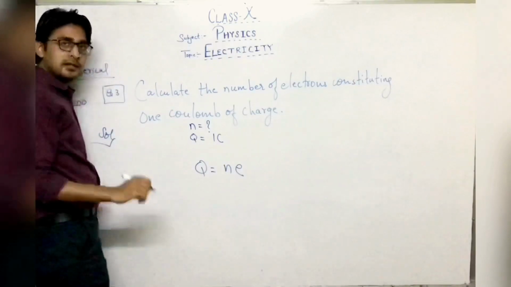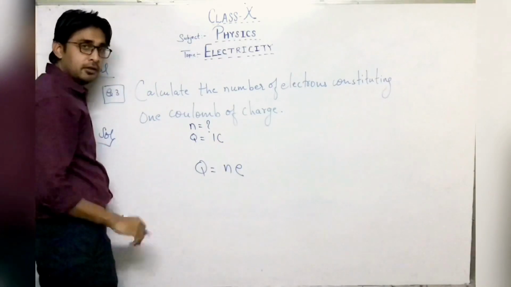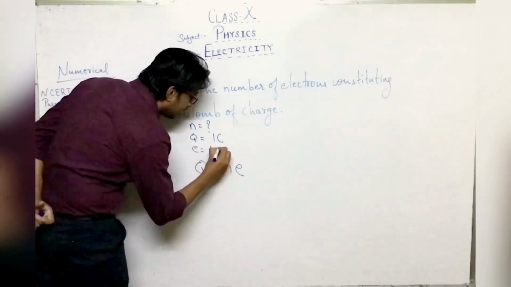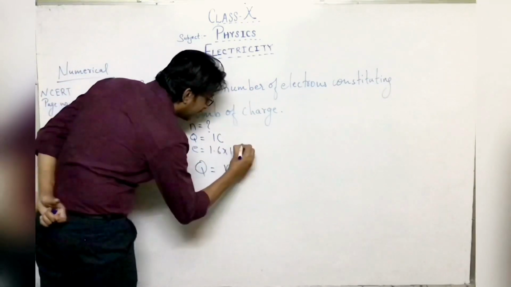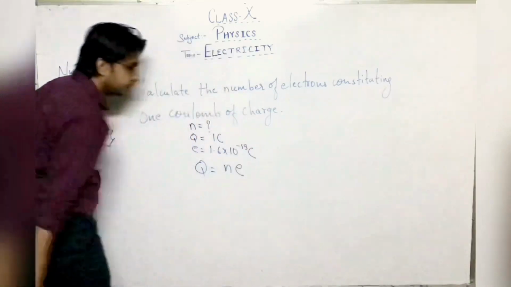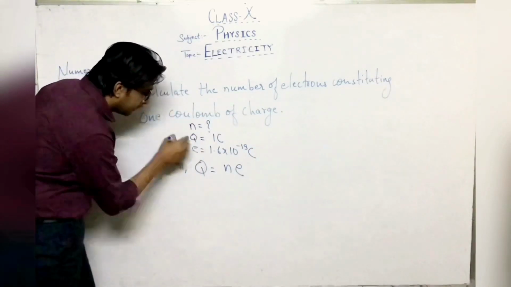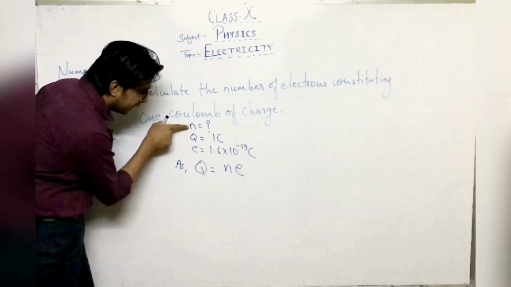We have already studied. It is a fundamental unit or a basic unit of charge, which is e equal to 1.6 into 10 to the power minus 19 coulomb. We will substitute all these values, Q, e, and we will find out n.